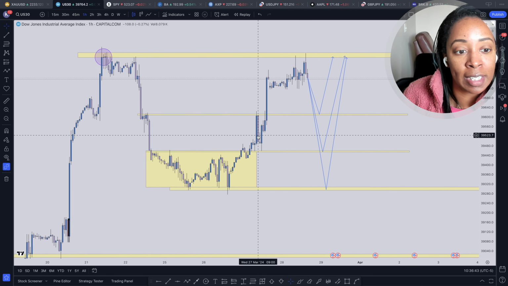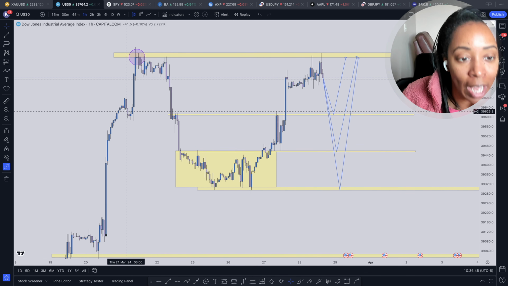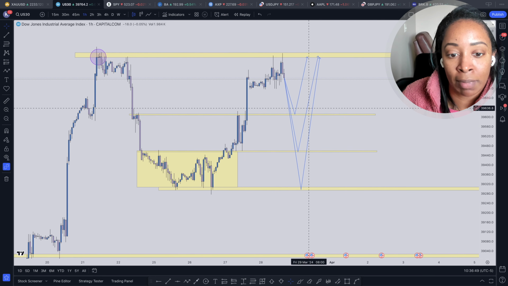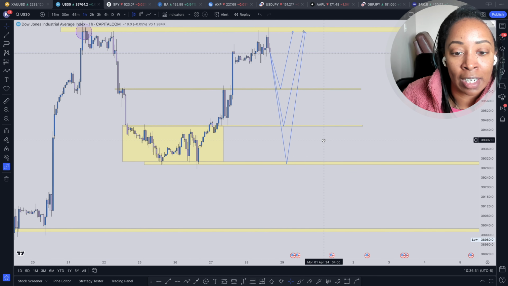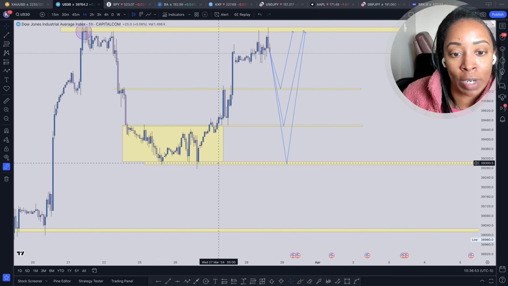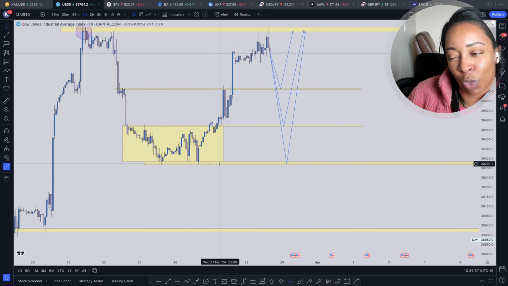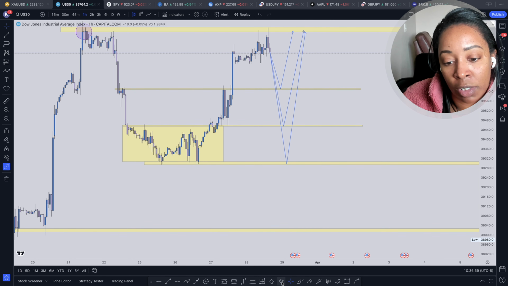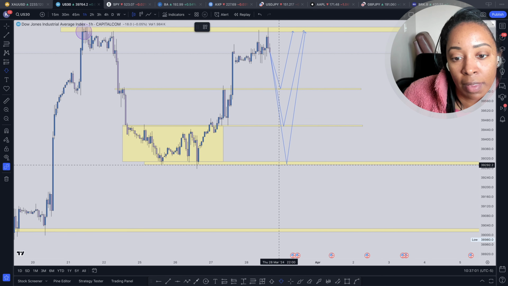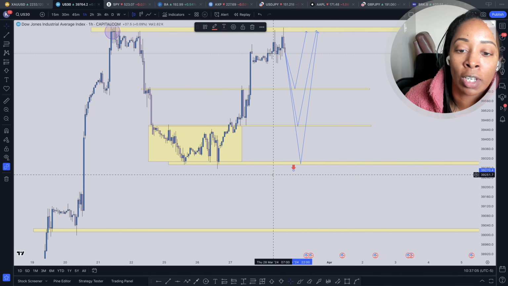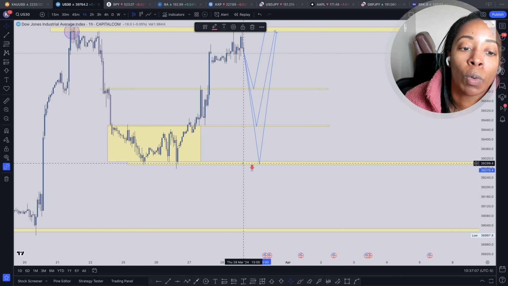So in this market, since there's a lot of strong bullish momentum, I'm only looking for buys. I'm not really looking for sells. Hypothetically, if you wanted to take a counter trend trade, this would be the best area right here at 39,000, roughly 300. So let me just mark this right here, and I would be looking for some sort of candle confirmation or a pattern or something that I've seen before.